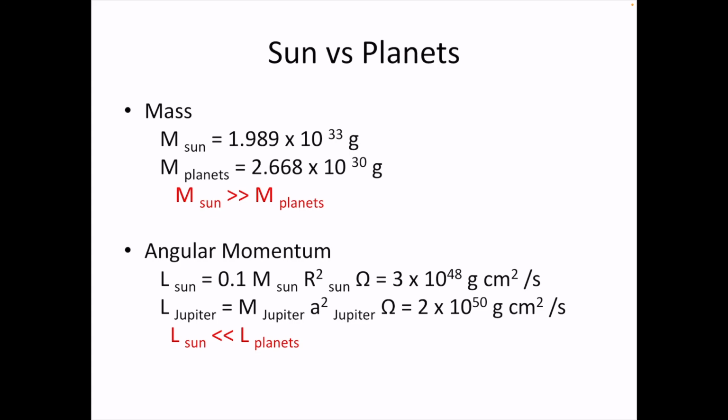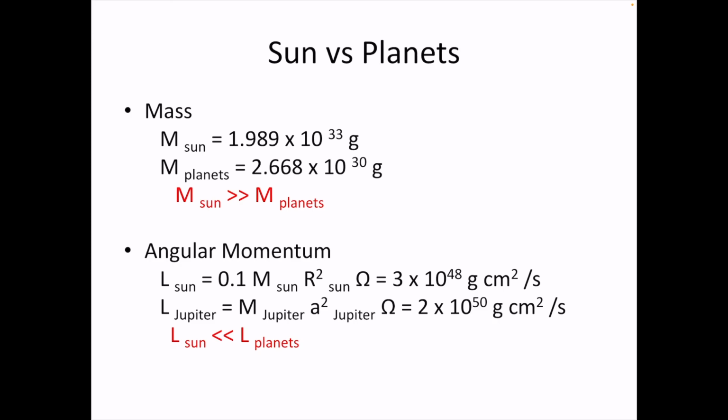If you calculate the angular momentum of Jupiter alone, Jupiter has an angular momentum of 2 times 10 to the 50 gram square centimeter per second. By comparing the two angular momenta, the angular momentum of the planets is much larger than the angular momentum of the Sun.